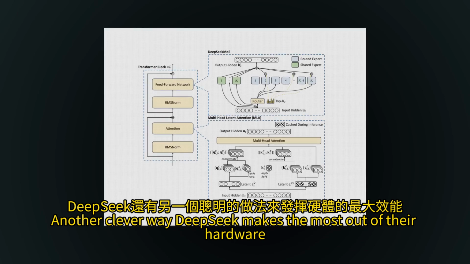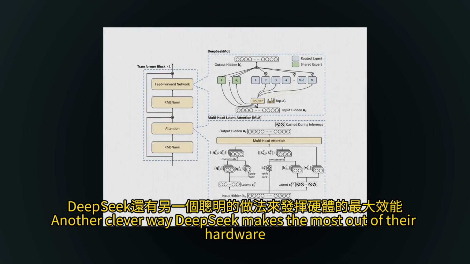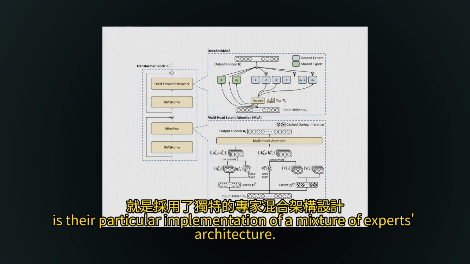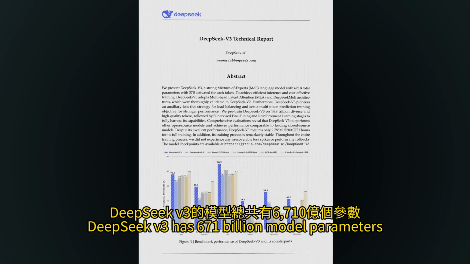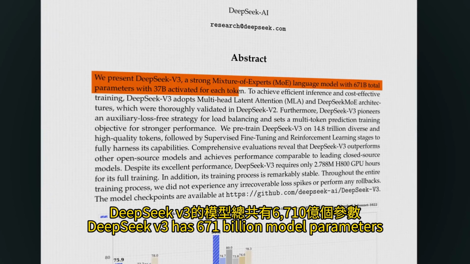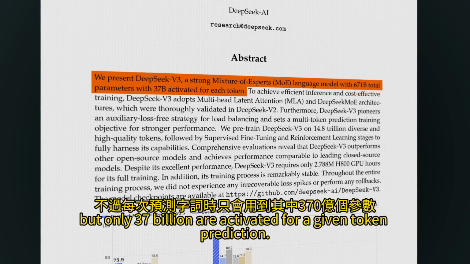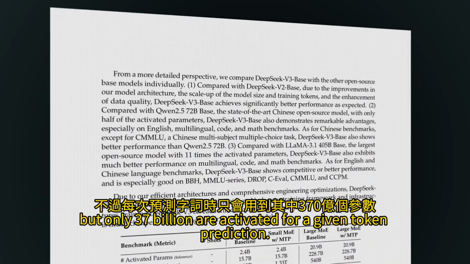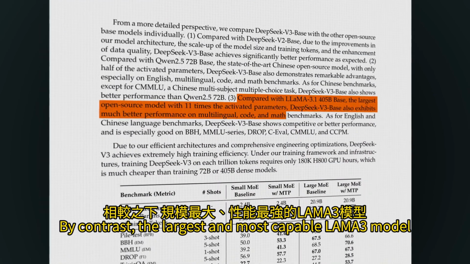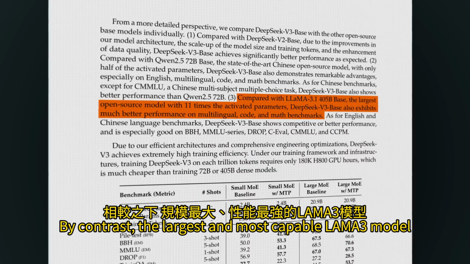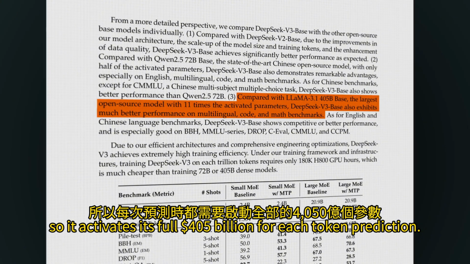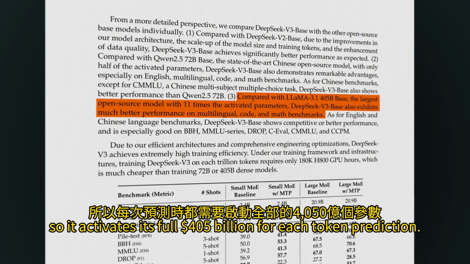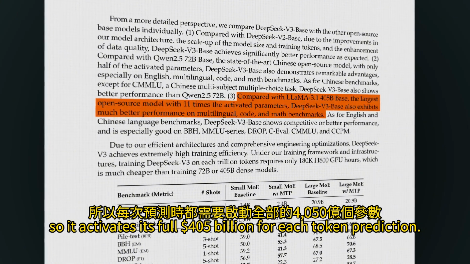Another clever way DeepSeek makes the most out of their hardware is their particular implementation of a mixture of experts architecture. DeepSeek V3 has 671 billion model parameters, but only 37 billion are activated for a given token prediction. By contrast, the largest and most capable Llama 3 model doesn't use a mixture of experts architecture, so it activates its full 405 billion for each token prediction.